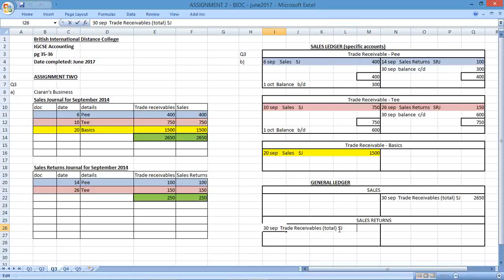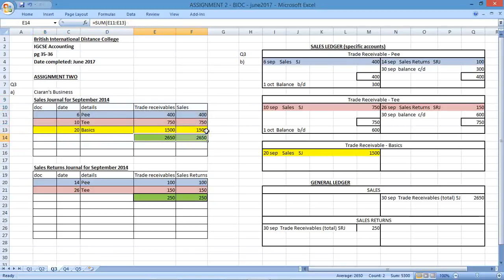This will be the sales returns journal, SRJ, and the amount of the return would be 250. And that would be the transaction that you would have to record, or let's say the sum of all the transactions, because the journals group all the single transactions into a journal which totals them all up.